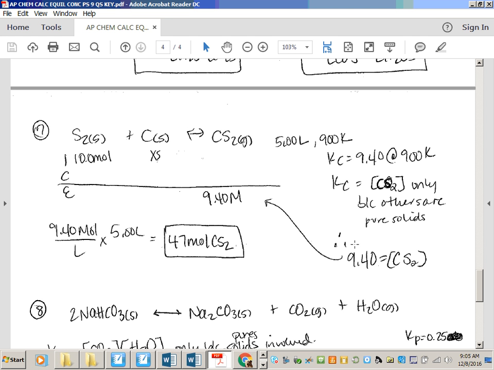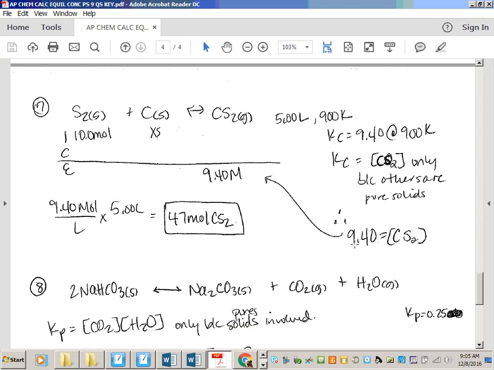Oh, this one had a solid in it, so the K expression, with a solid and a gas, equaled only the concentration of CS2, carbon disulfide. They gave you the initial of one of these, and it said this was in excess, which you're like, well, we haven't done it like that. And then the 9.4 molar being the final was your final part.